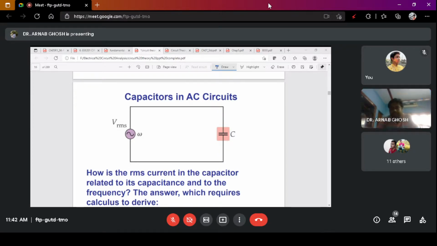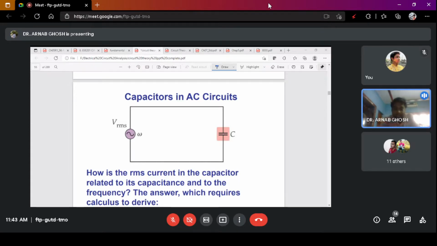Yes, the resistance equivalent of the capacitance. And how do you calculate it? Xc is equal to 1 by omega C, that is Xc equals 1 by 2 pi f C. So that is what I mean by capacitive reactance.